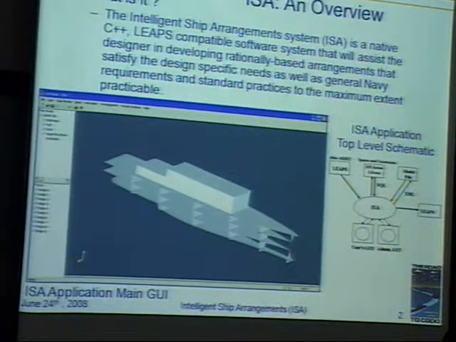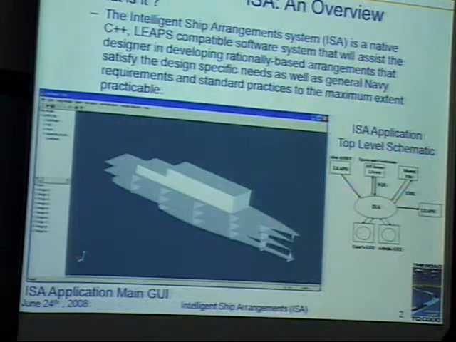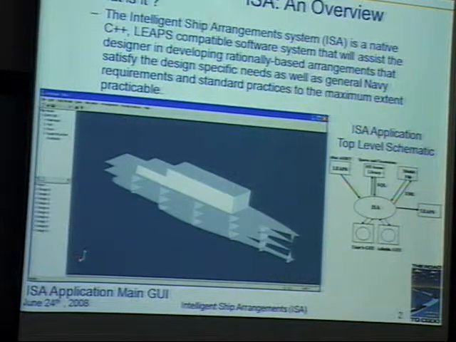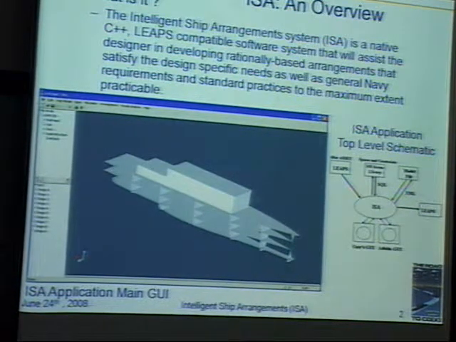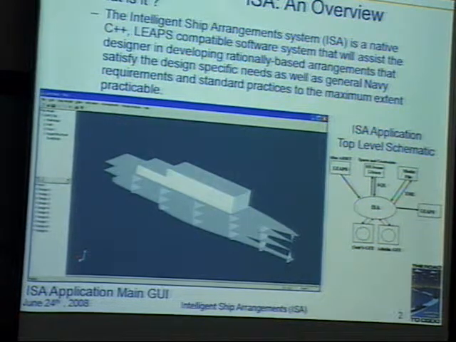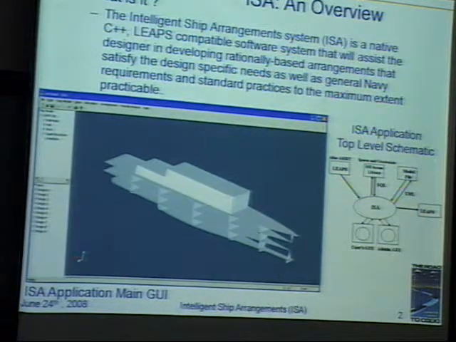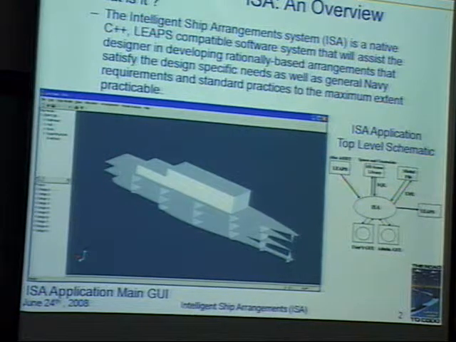Initial arrangement is really important in ship design. It determines the weight distribution as well as space utilization, and especially for a warship, it is clearly related to the functionality of the overall ship.